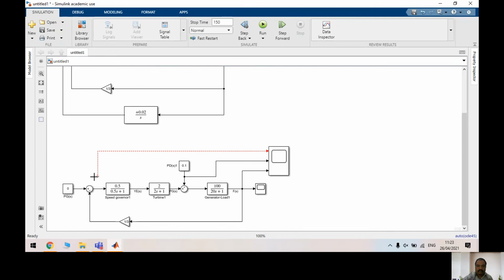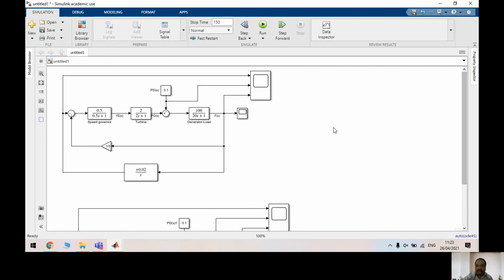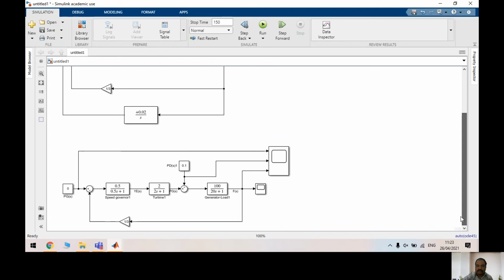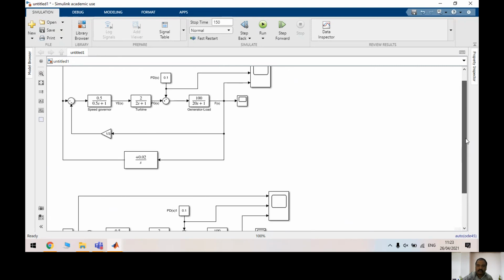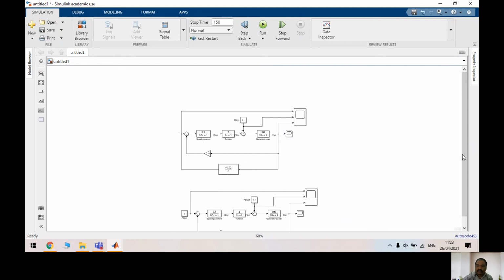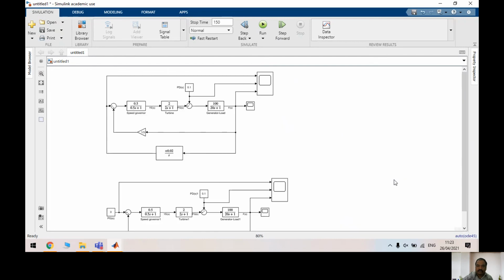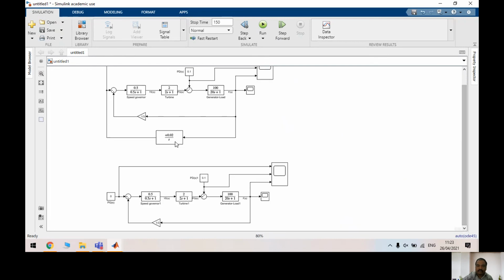Now this is without controller. The bottom one is without controller. The top one is with controller. If you carefully see, I hope you can see this one. Now I'm going to compare these two outputs for you.